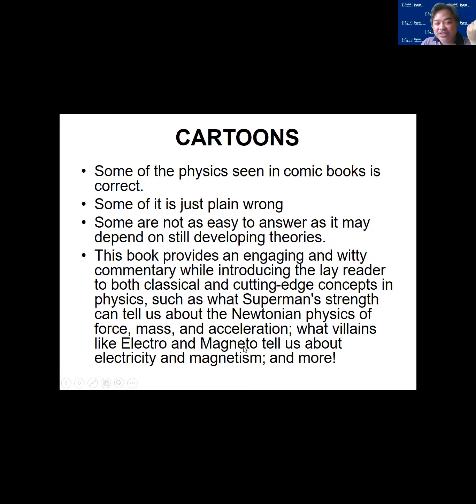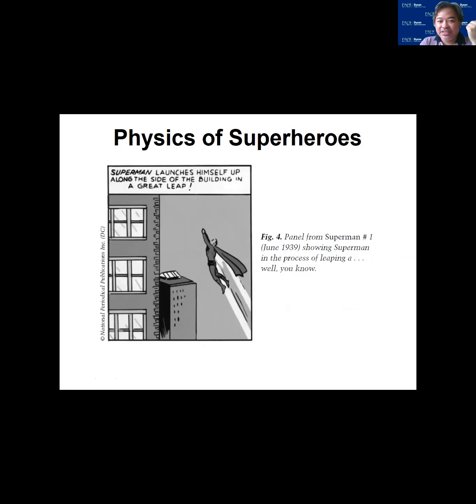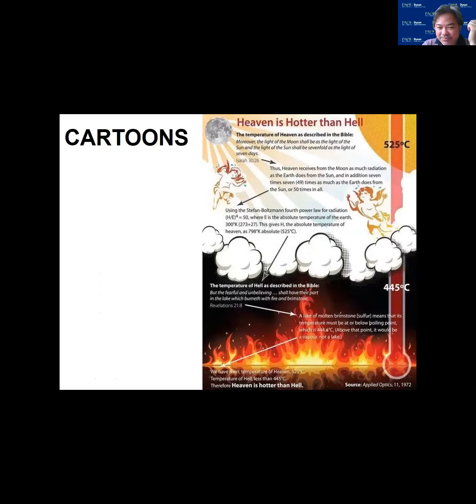Villains like Electro and Magneto tell us about electricity and magnetism and others. Okay, so here in that one panel, it shows how Superman launches himself up almost along the side of the building in a great leap.